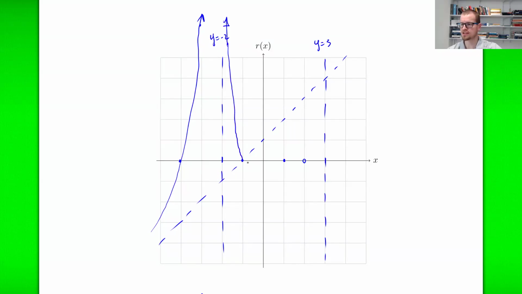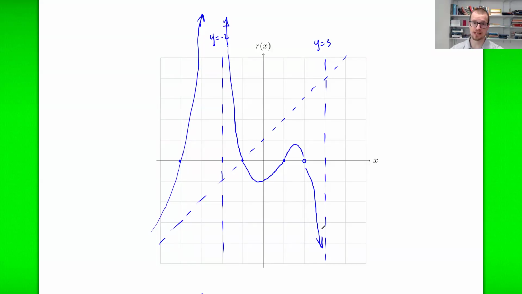Come down like this, and it has to cross the axis here. Now, I don't care too much what this looks like. I just know that it's going to come back and cross the x-axis here. And again, here it will cross again, and we have a vertical asymptote that goes down.